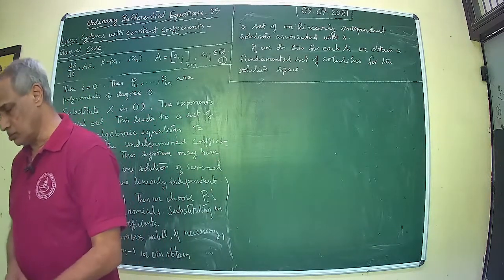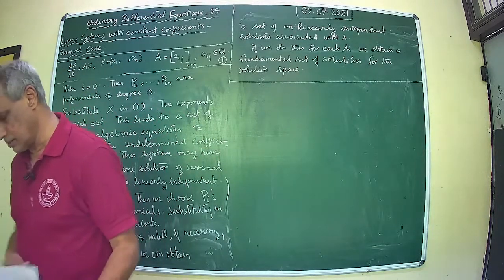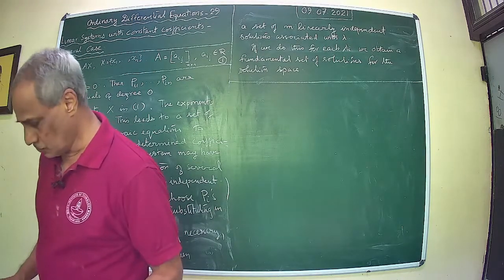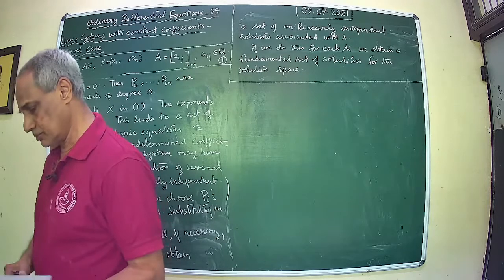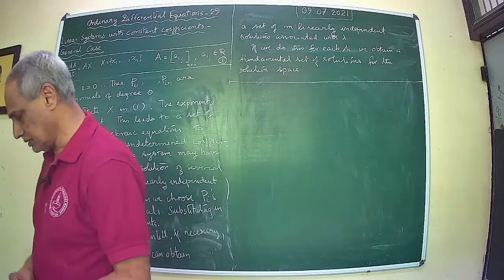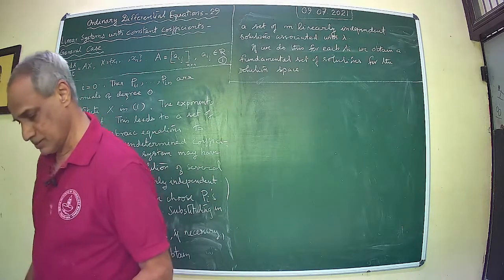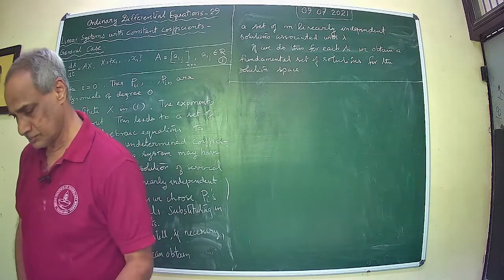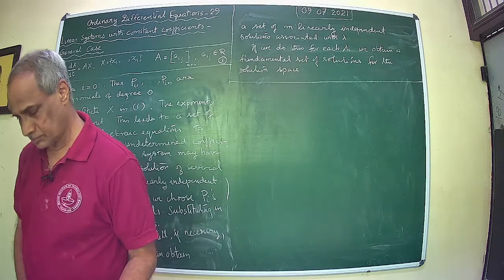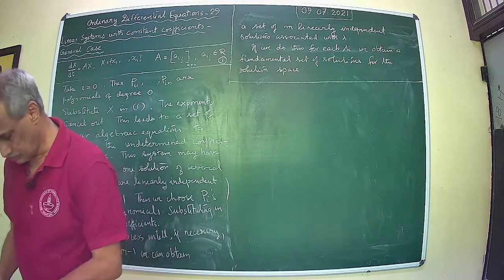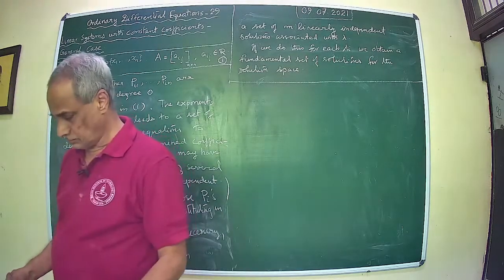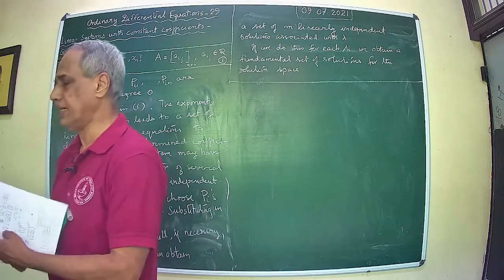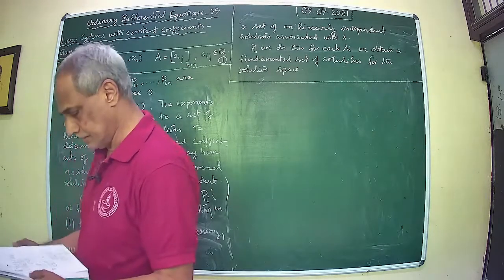Now what I want to do is just do a problem which will give insight to the working of this, and that would help you to compute the various things. Okay, let me take this particular example.